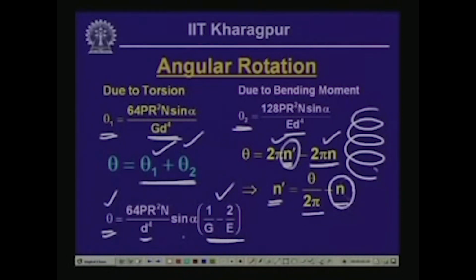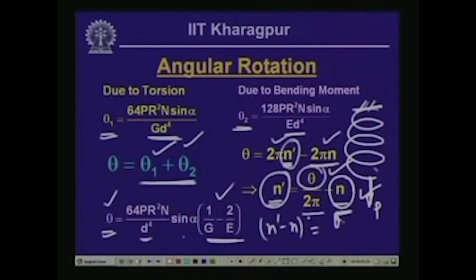So, n is the number of winds that it had originally, and because of the application of the load P, this particular spring has undergone an angular rotation theta. That will give us the increase in the winds, n dashed equals theta by twice pi plus the number of winds n which we had originally, or the difference n dashed minus n equals theta by twice pi.